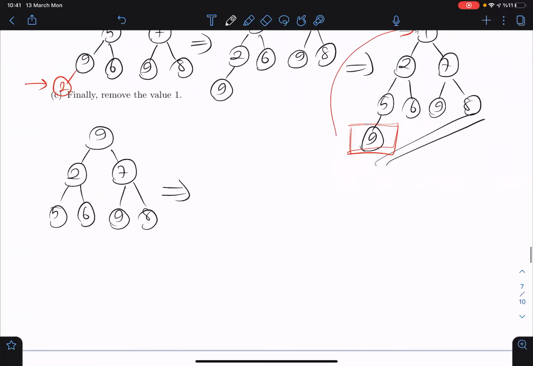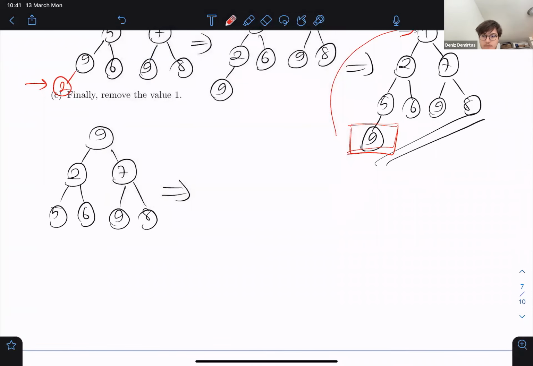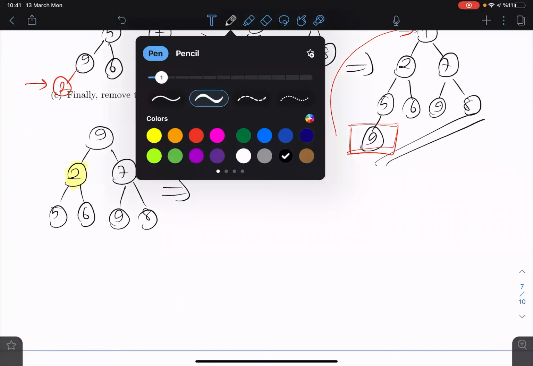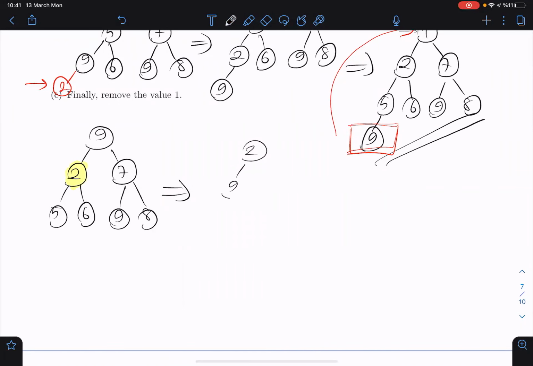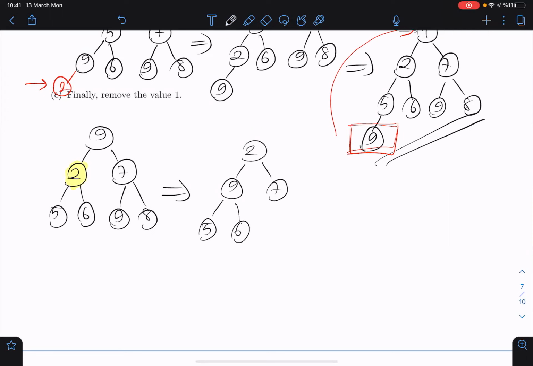What I mean by this is that since 9 is greater than both of its children and we're dealing with a min heap, we find 9's smallest child, demote 9 into the place of its smallest child, and promote its smallest child to be the new root, which would look something like this. 5, 6.